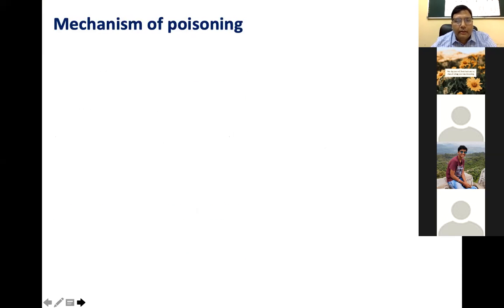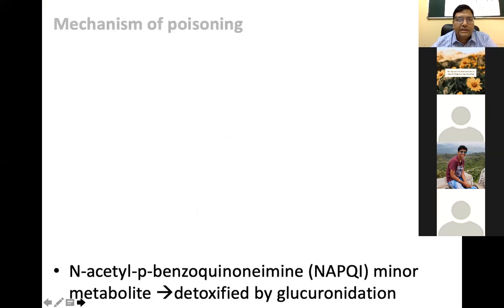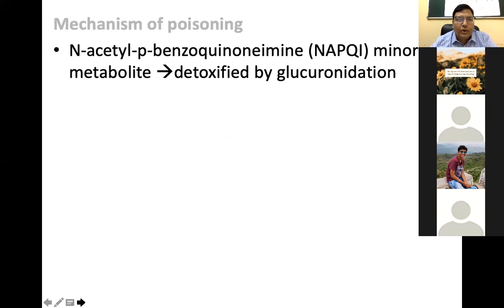So how the poisoning with paracetamol occurs is that there is a metabolite known as N-acetyl-p-benzoquinoneimine, and it is a minor metabolite which is formed from paracetamol, and it gets detoxified in the liver by glucuronidation.